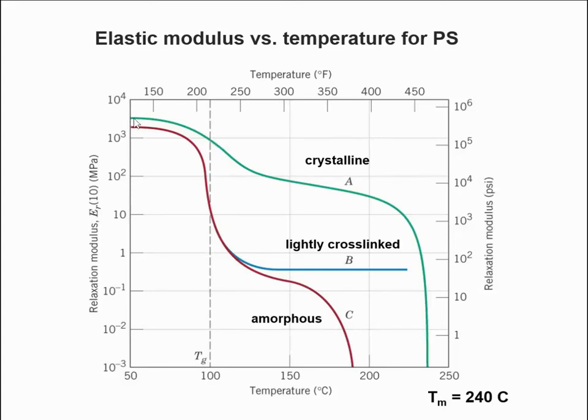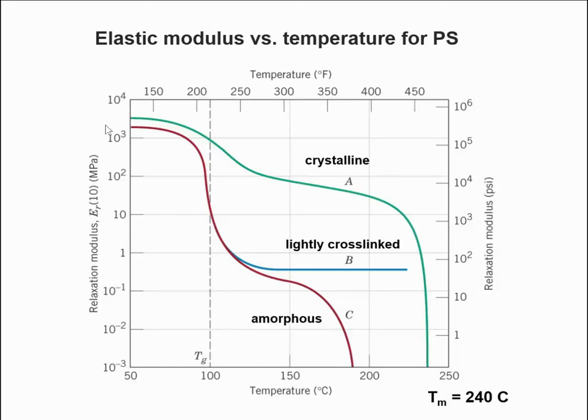Also notice the modulus is a little higher for this one. That's the effect of the crystallinity. Higher crystallinity is higher modulus. Then we get this plateauing now, as it's governed by the crystalline regions in the material. And then as we get to the melting point, we get our rapid falloff of the modulus.